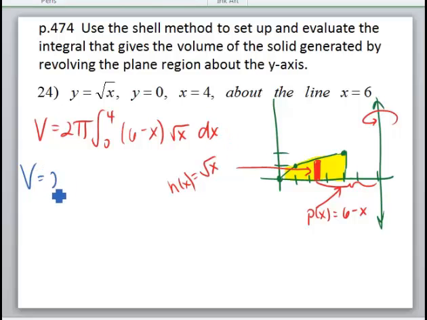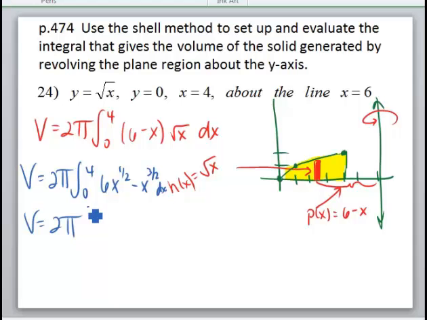So when I simplify it, I get 6x to the 1/2 minus x to the 3/2 dx. And now I'm ready to integrate it. So I'll raise it by 1 and put it over that power, minus, raise it by that, put it over that power.